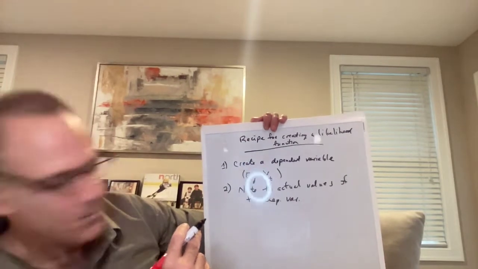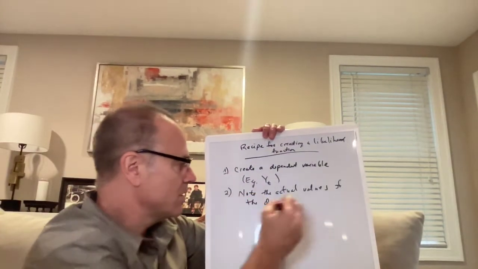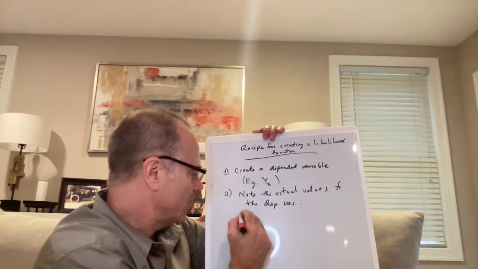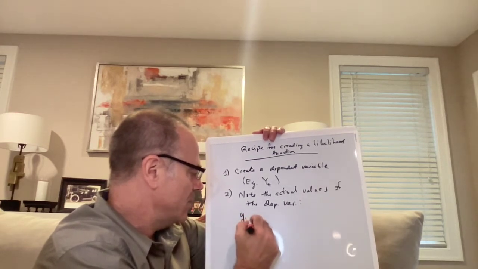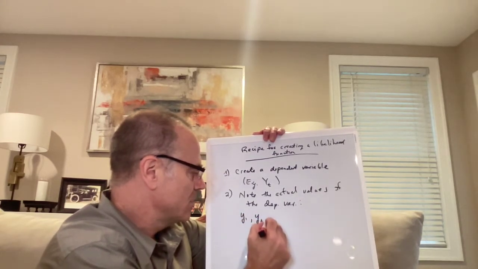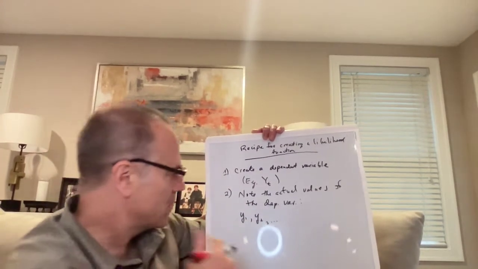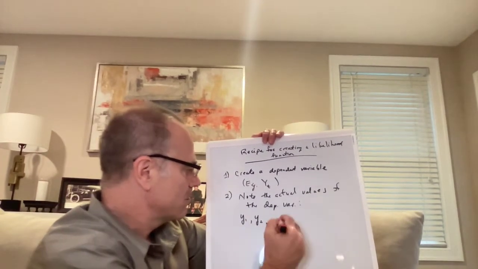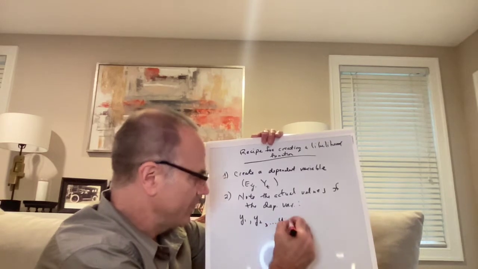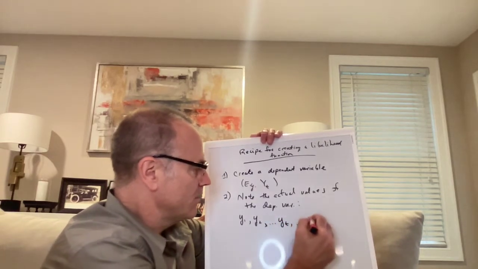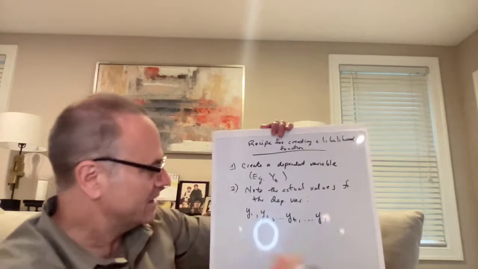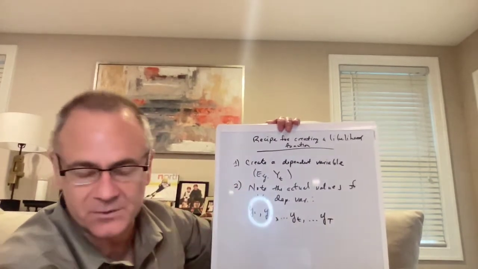And let's put a semicolon, and let's call those y sub 1, y sub 2, up to a generic y sub t. Let's call it big T. We have a total of T observations.